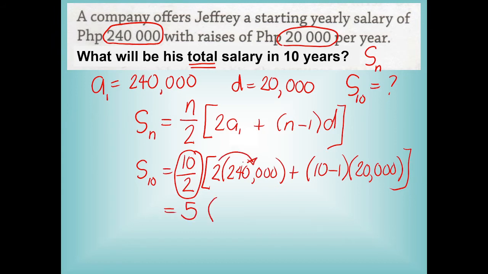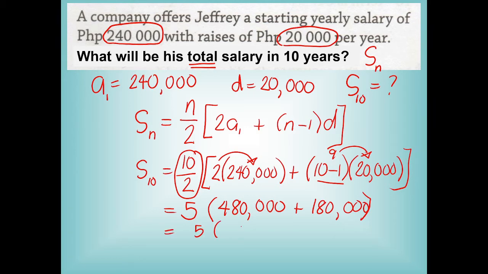How much is that? 480,000. Plus, this is 9. 9 times 20,000. 180,000. Adding 180,000 and 480,000. 660,000. Multiply that by 5.